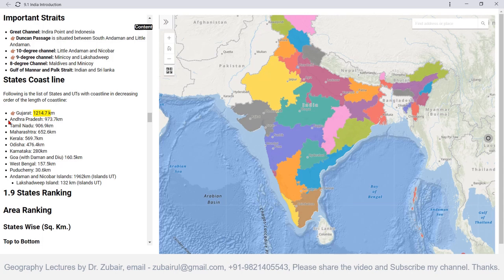Similarly, you can see the other states also. After Gujarat, it should be Andhra Pradesh, then Tamil Nadu, then Maharashtra, then Kerala 567.